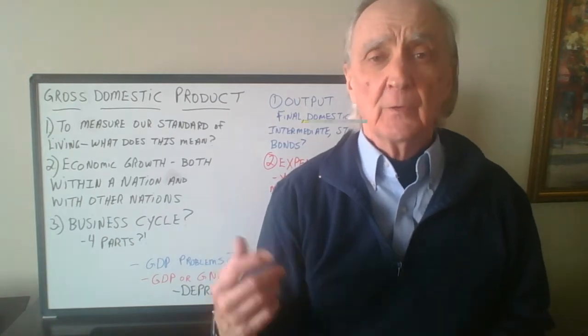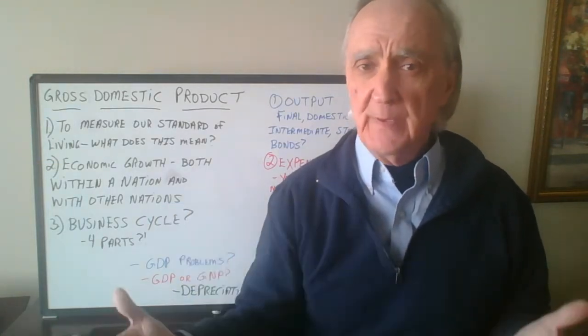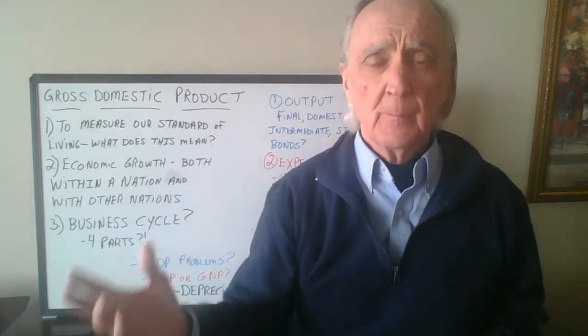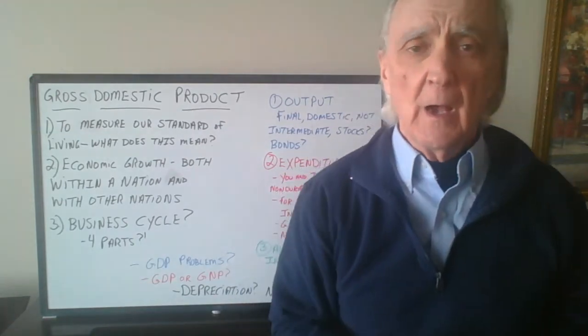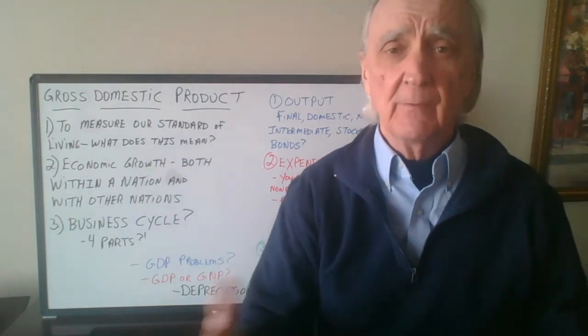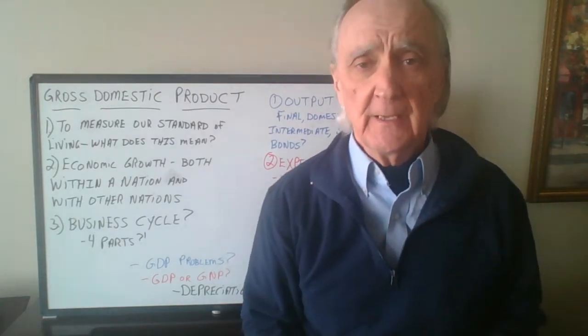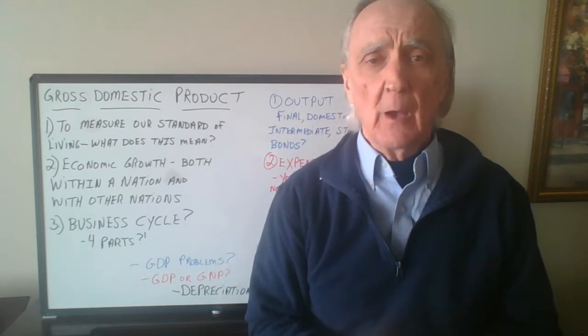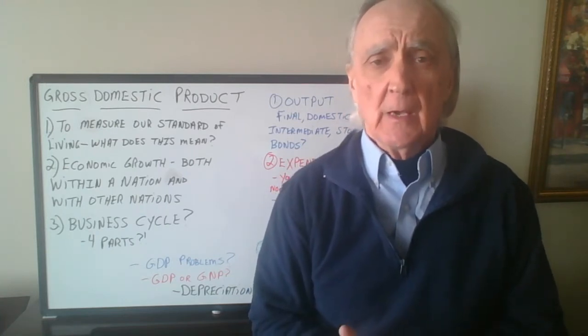All right? So if we take from peak to peak or trough to trough, covering all four segments of this business cycle, we have the business cycle. Typically, they were running about 6 to 8 years.